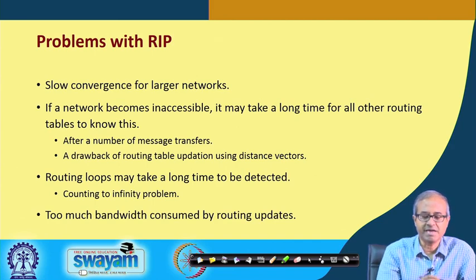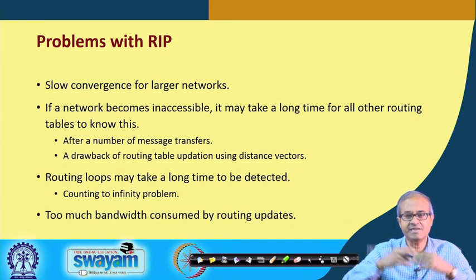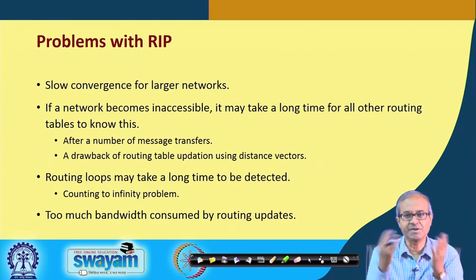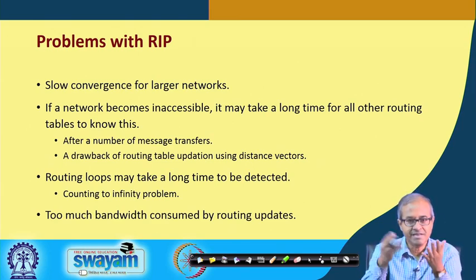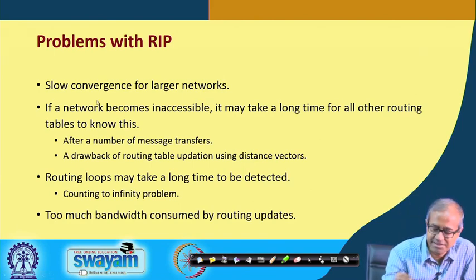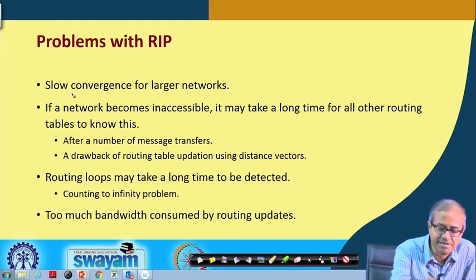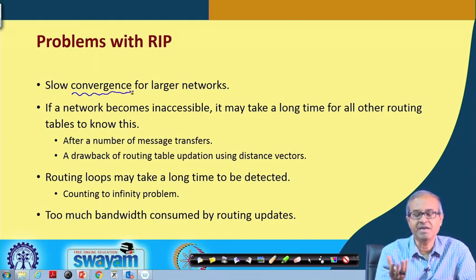One drawback is that in the way the routing tables are updated using distance vectors, once distance vectors are shared, something will change. That change again will be shared, that will again trigger some more change. So, this leads to something called convergence in the routing table, which at times is very slow.